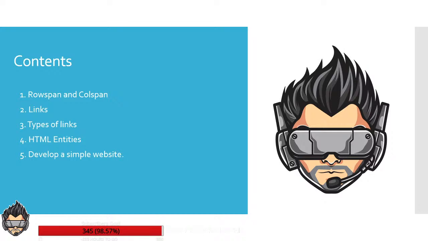Now you got to know all these concepts. The next concept is row span, column span. So we get to discover what a row span is, what a column span is, and then what links are, what the different types of links are, and then HTML entities. These are the concepts that we'll be covering today. Once we do these concepts, let's try developing a website.